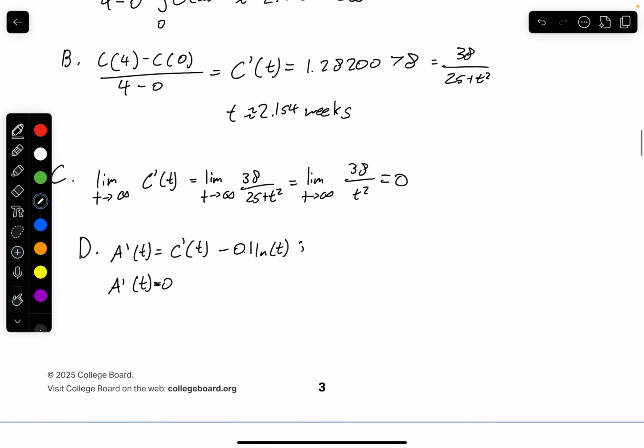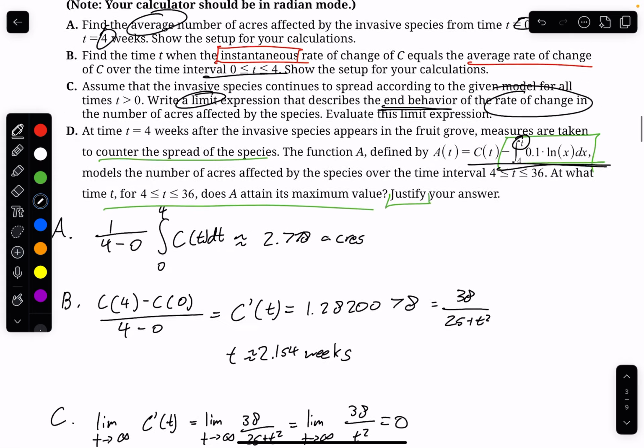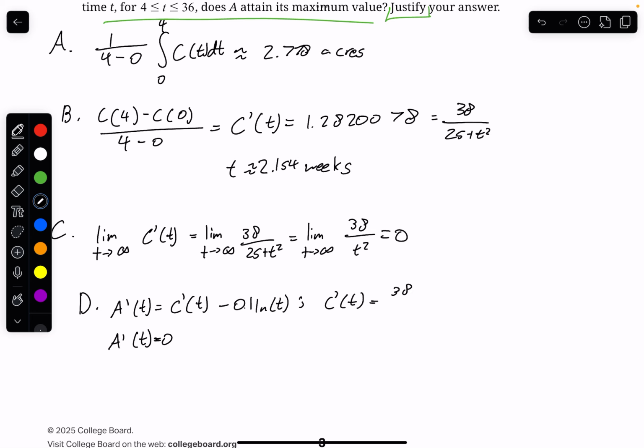So let's do this. C prime of t is equal to what? They gave us C prime of t at the start: 38 over 25 plus t squared. And if you set this expression equal to 0, you can set it equal to 0.1 ln of t. Now, because your graphing calculator is allowed, this is where you need to use your calculator to find the answer.